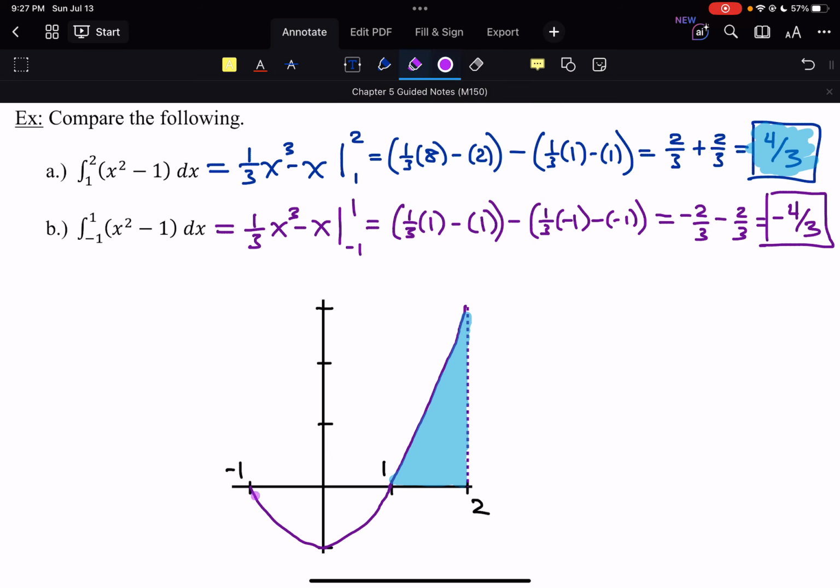And then part B was asking us from negative 1 to 1. You can see the function itself is down below the x-axis.